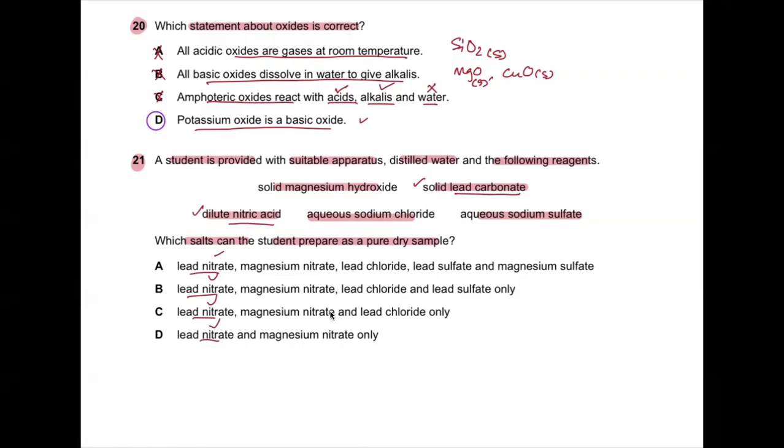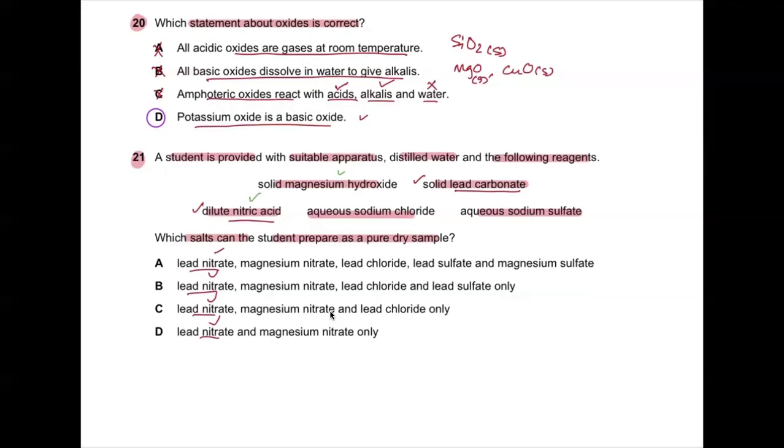Magnesium sulfate is water soluble. So we have nitric acid, we have magnesium hydroxide, so we can make magnesium nitrate as well.